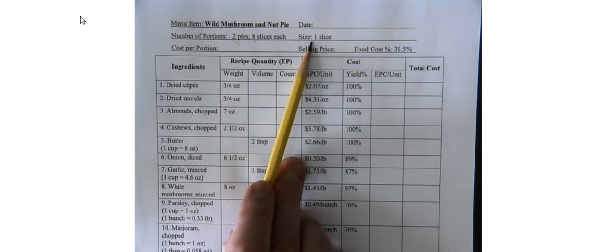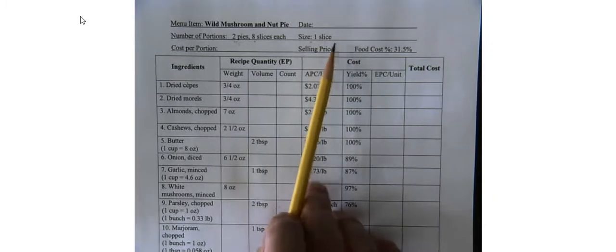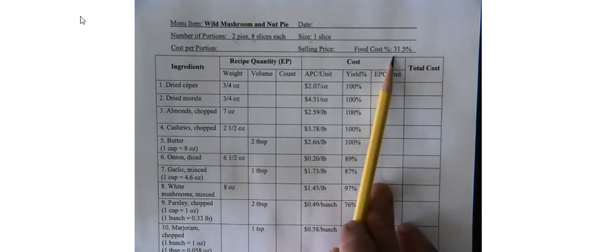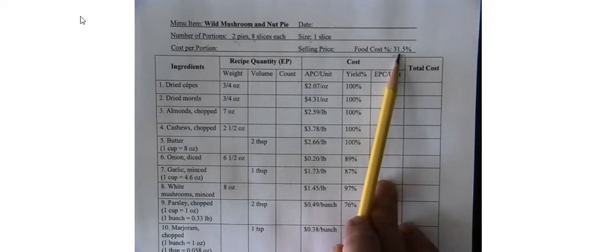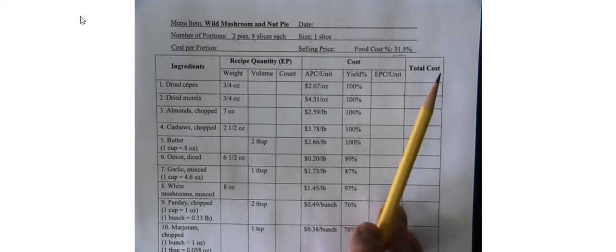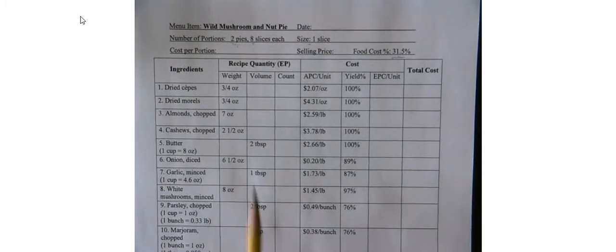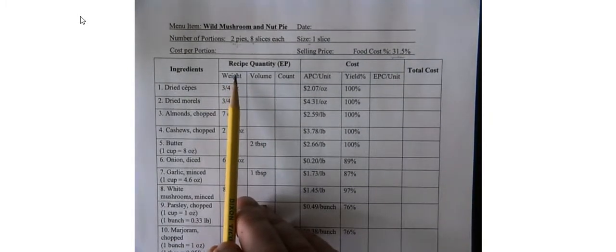Serving size is 1 slice. Again, we would normally just fill in the date here. I've got a food cost percentage that's going to help me calculate the selling price once we get the ingredients costed out.